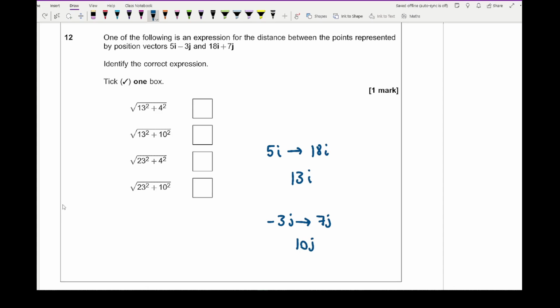So from there we need to do 13 squared plus 10 squared and square root for the correct expression, which would be the second one.